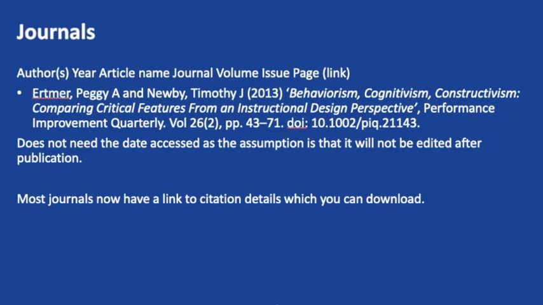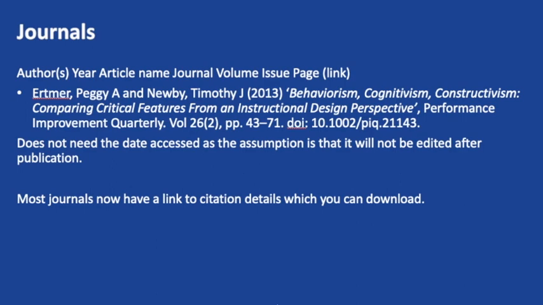So for journals, it's quite straightforward in as much as you have the names, the date, the title of the article, where it was found, and then the specific references. So you would have volume 26 issue 2 with the pages. You don't necessarily need the DOIs, although it's sometimes helpful to have that because it makes it easier for the examiner to be able to quickly follow the link to where you picked that article up from.